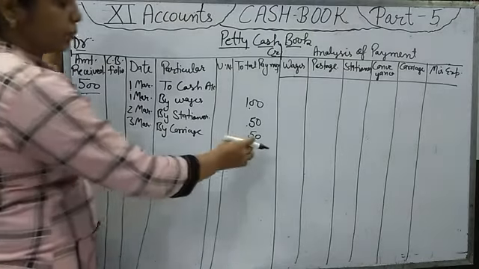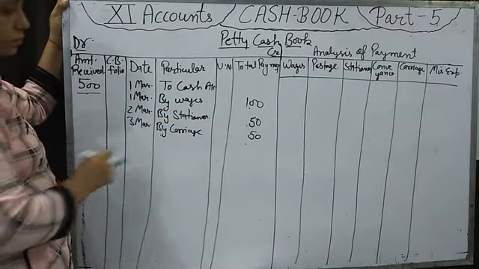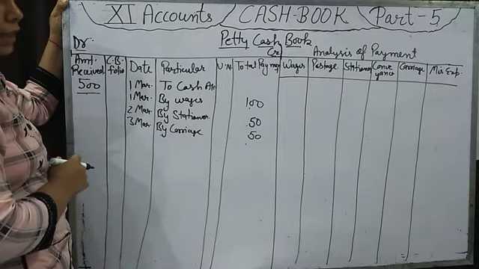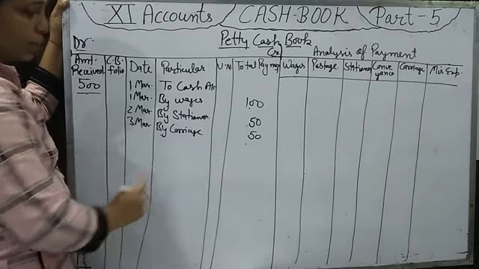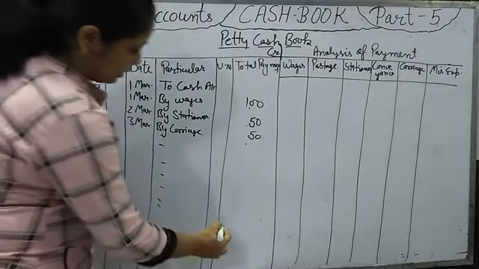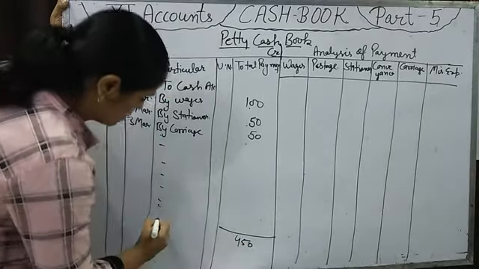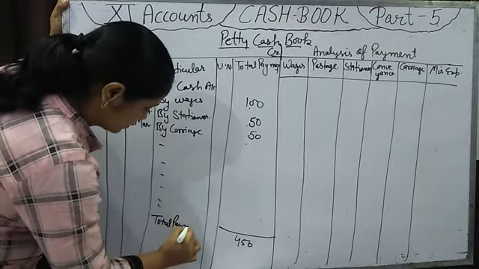And where we are paying and why we are paying will be recorded in the particular column. There is only one particular column in the petty cash book. Fine. We will record all the payments. Like this. Now the total is 450. We will write here, total payments.